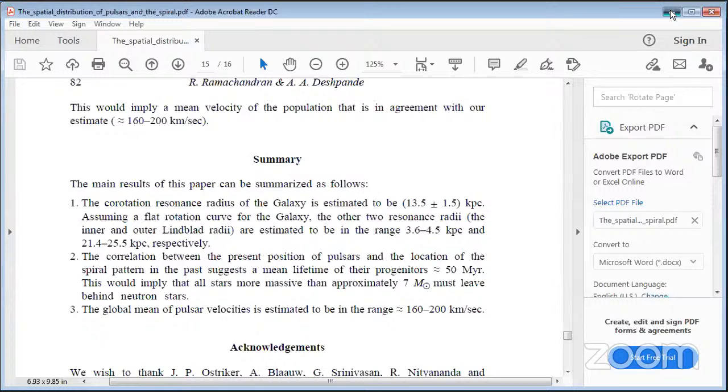The same question can be asked about other objects; pulsars are just one example. There can be another species of objects which might have a certain distribution at the present epoch, where they might have memory of when they were born in certain places when the spiral arm structure was in certain other locations.